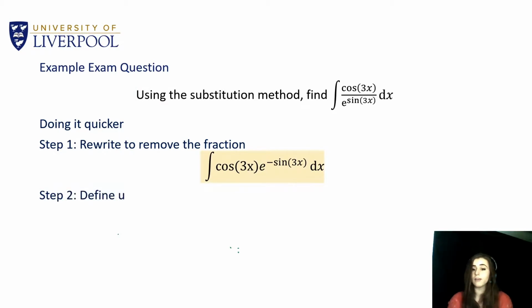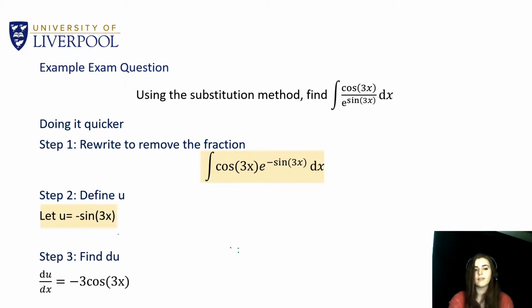Now I'm going to define u, and I'm going to let u equal minus sin 3x because that is what is affecting our exponential. And as with before, I've got to find du. So du/dx is equal to minus 3 cos 3x when I differentiate minus sin 3x.